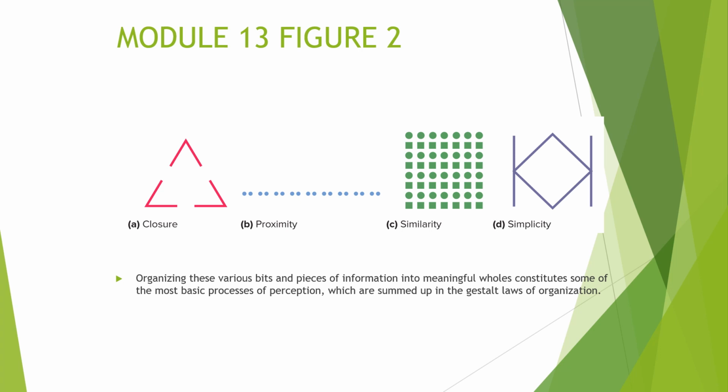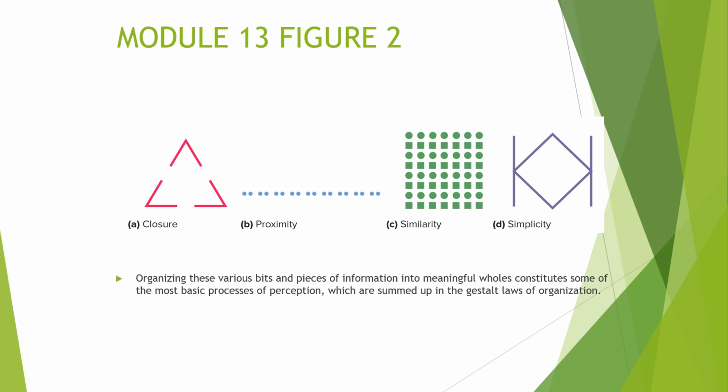With similarity, this one is the opposite of what I just said with our oranges and lemons. You're more likely to say, I see rows of circles, and then a row of squares, and then a row of circles, and then a row of squares, and so on.